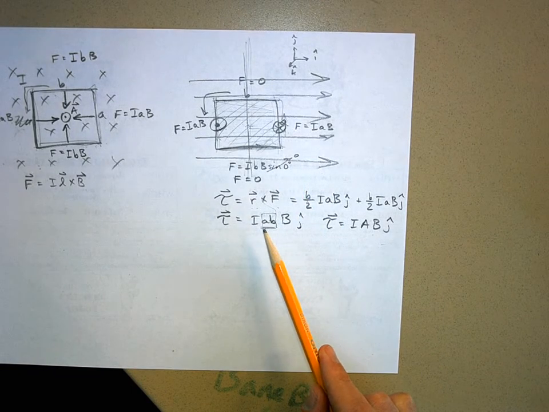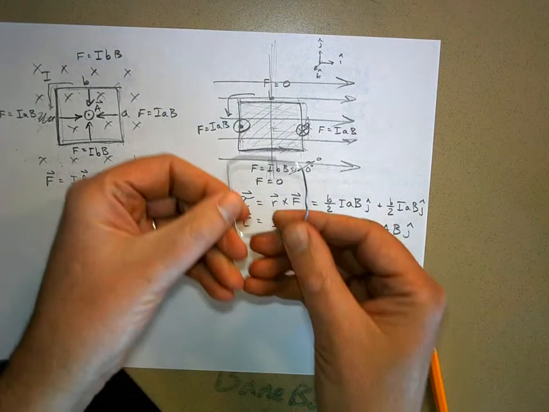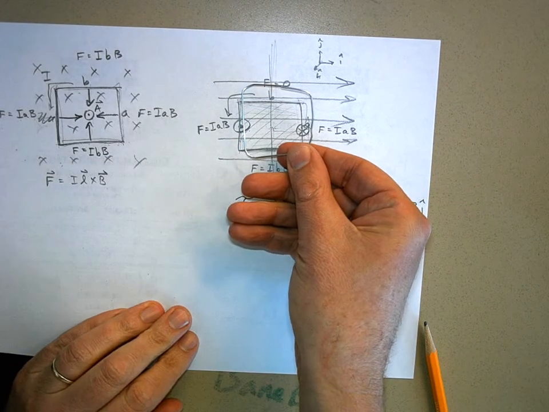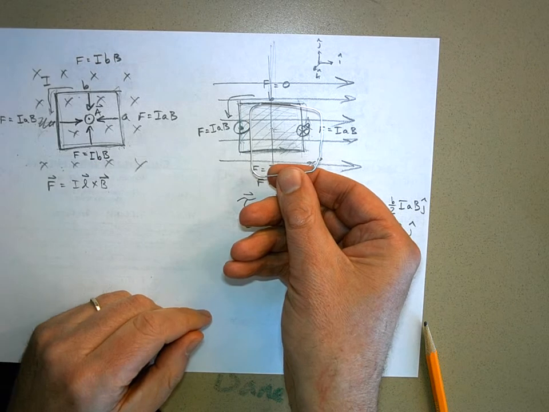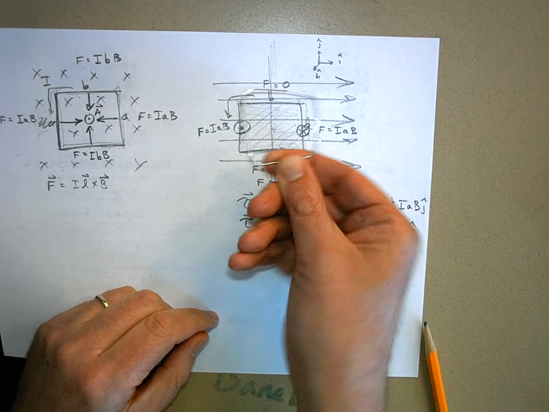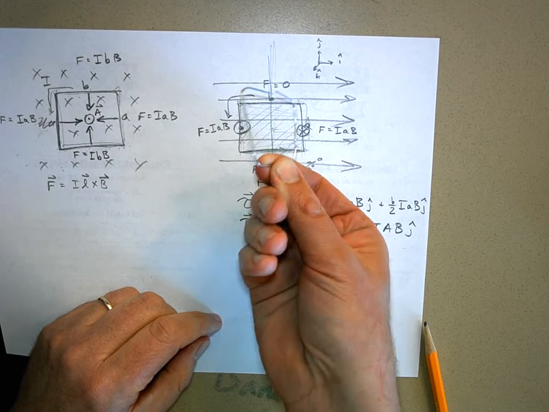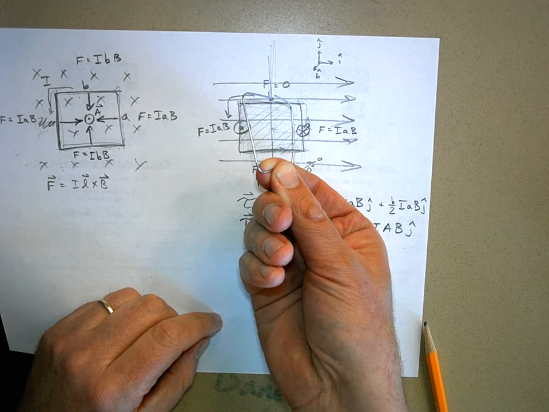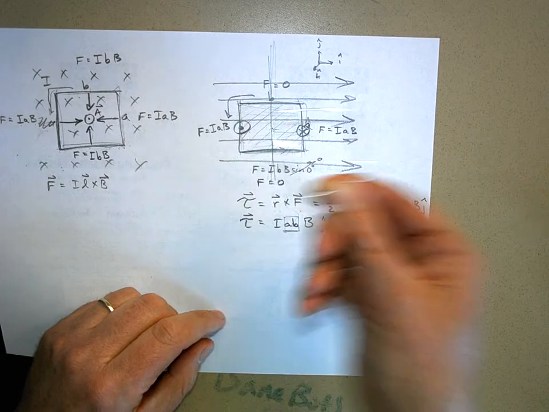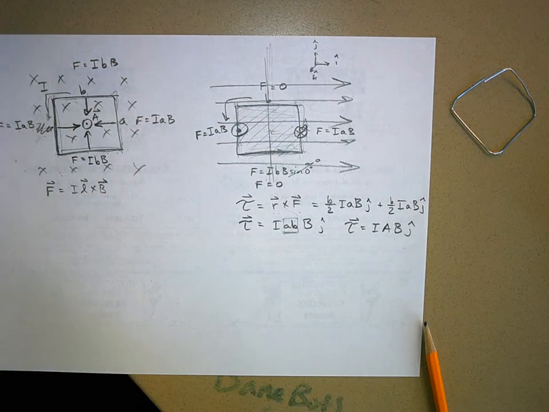Well, what about somewhere in between? What if I took this loop right here and I rotate it? Well, it's trying to rotate like this, isn't it? So what if it's oriented like this at some angle instead? What's going on? Okay, well, what I'm going to do is draw a little picture in cross-section of this.